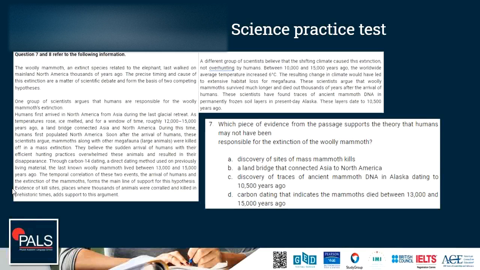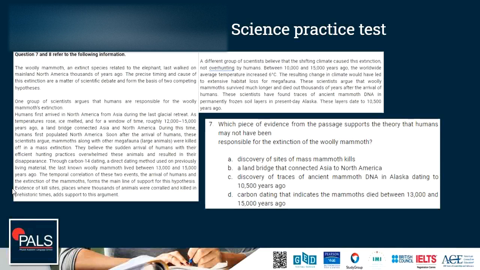The second group of researchers argues in a different way. The second group of researchers says that a shifting climate caused the extinction of the mammoth.